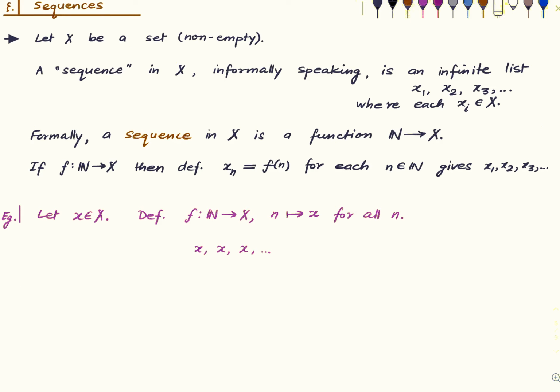Okay. Another important notation which is very, very useful and rampant. So here is a point of notation. Given a sequence, let's say it's written in this way, we may alternatively write this.